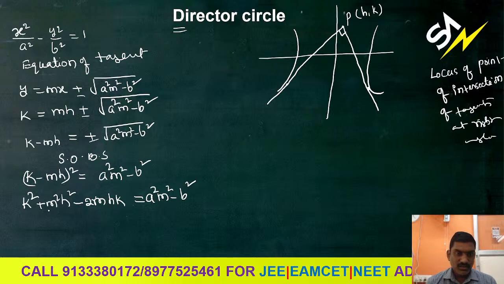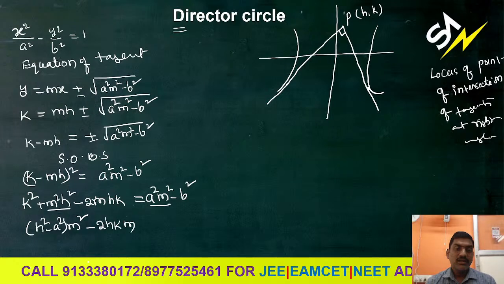We have an m square term: h square minus a square, times m square. Next the m term: minus 2hk m. Next the constant terms: k square plus b square, which equals 0. So this is a quadratic equation in terms of m.